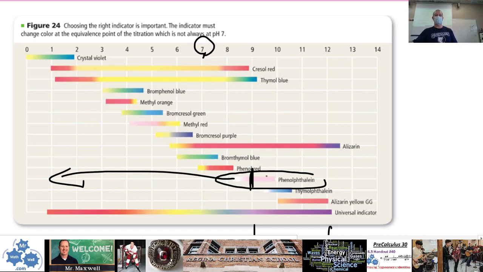So that's maybe a little bit too much indicator, maybe a little bit too much base. It might have gotten quite a bit darker there. So again, the first point where it changes color and that color is sustained is where you want to stop and do your measurements of how much sodium hydroxide you added. But phenolphthalein gives us an endpoint around pH 9. It's close to 7, but it's technically 9.